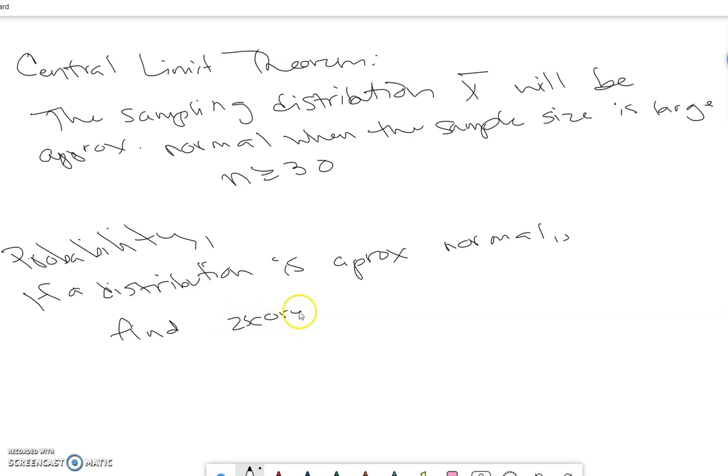And then we can use those to find probability. So the z-score is going to be equal to the sample mean minus the population mean divided by the standard deviation of the sample means, which is the population standard deviation divided by the square root of the sample size. That's not new. That's just rehashing that same thing. And that is 7.3.2.